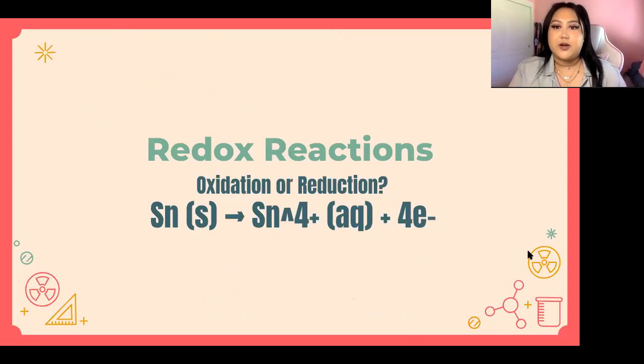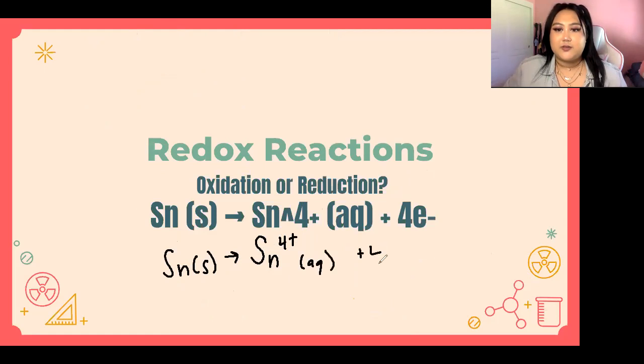So our first practice problem, this reaction, so tin, I know that it looks weird because I couldn't find that, but this is basically what it looks like. So that's this. Sn goes to Sn 4 plus.